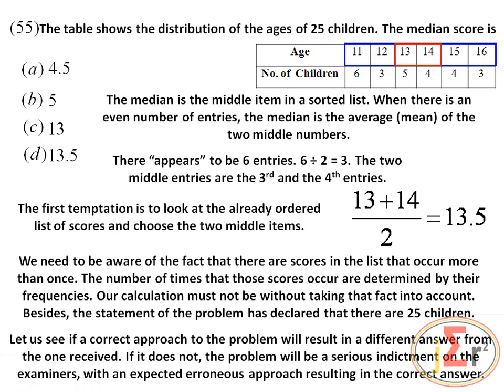So if we get this same answer by using a correct method, then that will not speak positively on behalf of the examiners, because we will use an incorrect approach and still get the same answer. But let's see if the examiners will redeem themselves.